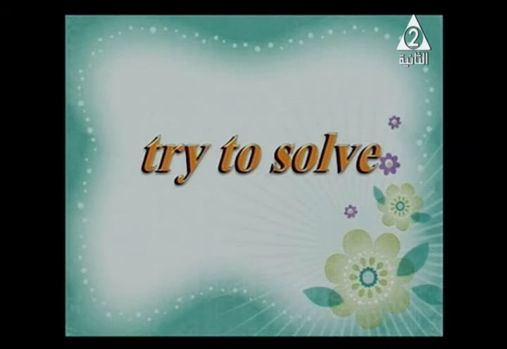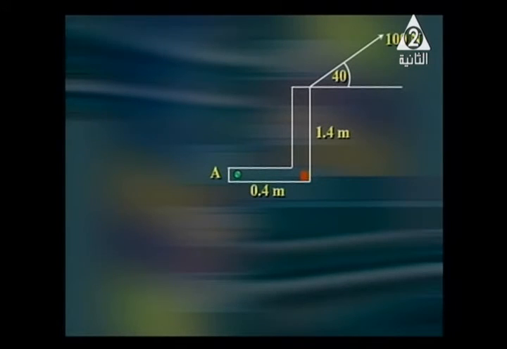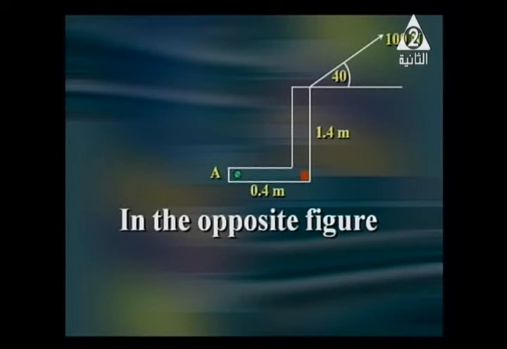Now we move to another example. We have a force of 100 Newton, inclined to the horizontal at 40 degrees, with the length of y equal to 1.4 and the length of x equal to 0.4 meter.